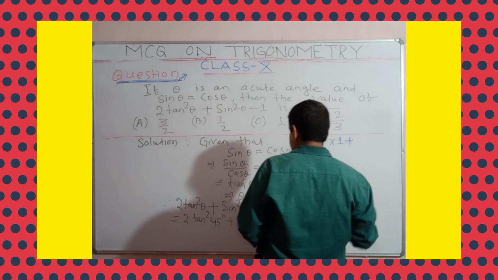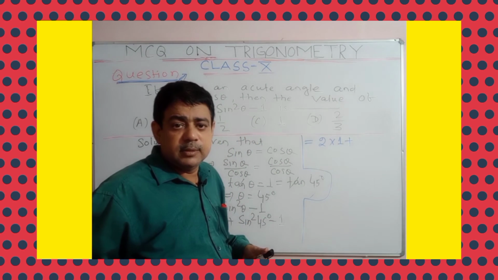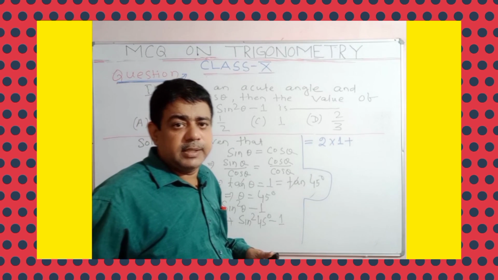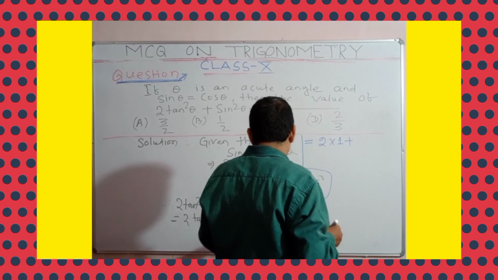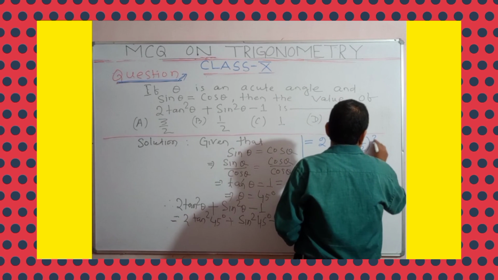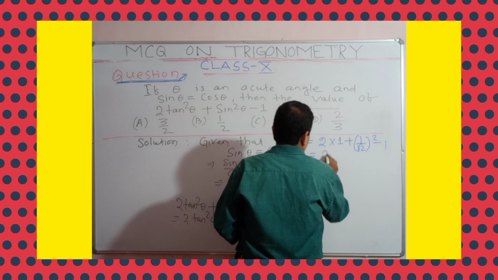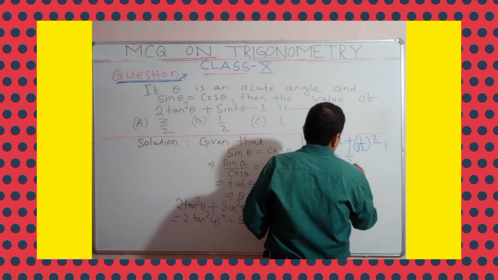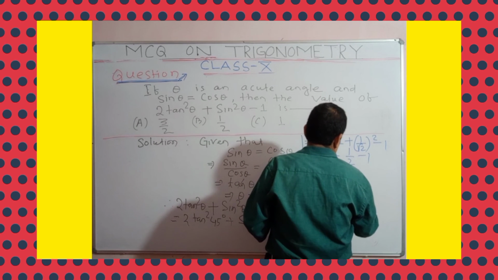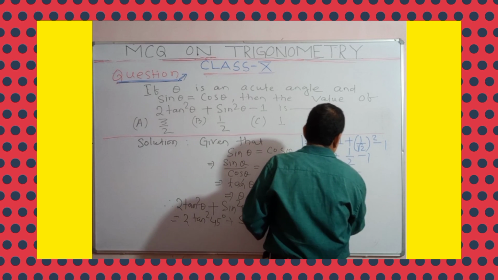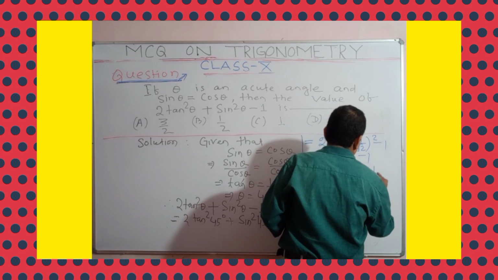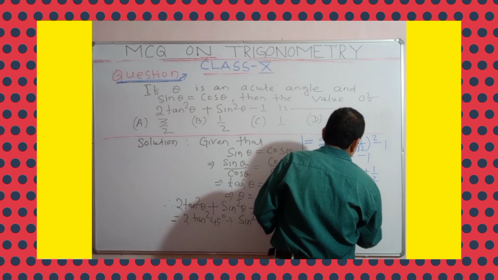Plus sin square 45 degree. What is sin 45 degree? It is 1 upon root 2. So 1 upon root 2 whole square minus 1. So it will be 2 plus 1 by 2 minus 1. Yes. So 2 minus 1 is 1, plus 1 by 2, it will be 3 upon 2.